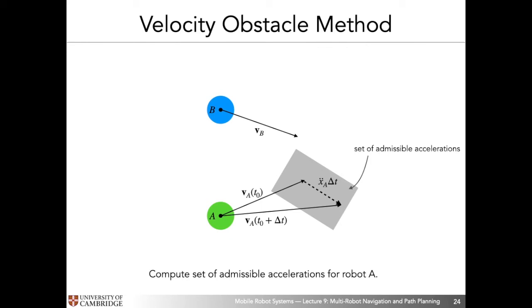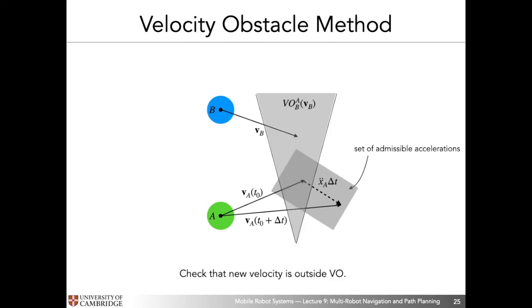So all that is now left to do is to cross-check this new candidate zone with the velocity obstacle that we computed in the previous step, right? All we need to do is select a convenient velocity direction that is outside of the velocity obstacle and inside the area of feasible velocity vectors for robot A. And with that, we've basically solved the problem.